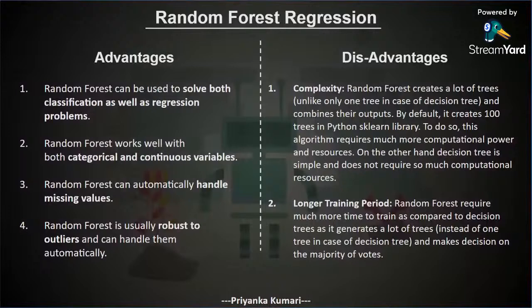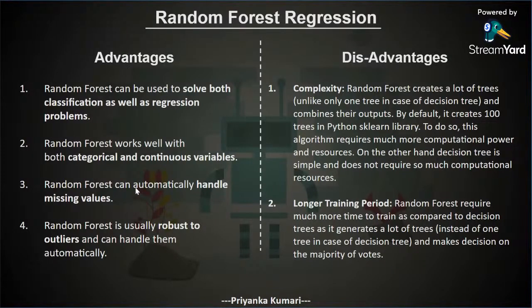Then the second advantage is that random forest works well with both categorical and continuous variables. For categorical values, let us say multiple categories are present, so we have to predict different categories of fruits such as mango, guava or grapes. For that it can be used, and it can be used for continuous variables too. Suppose we have to predict the price of a house.